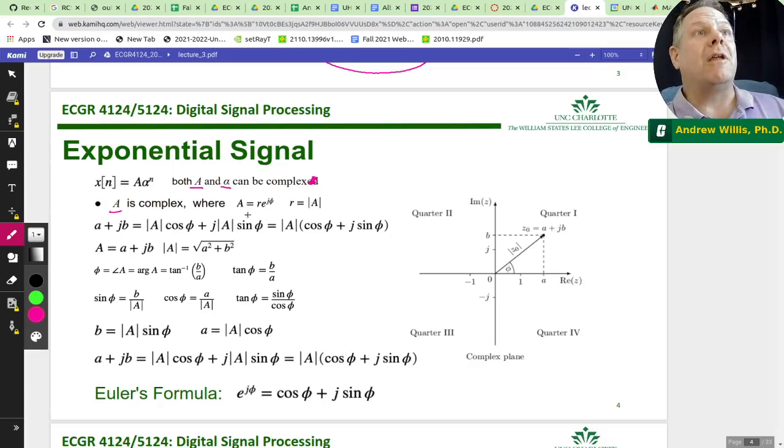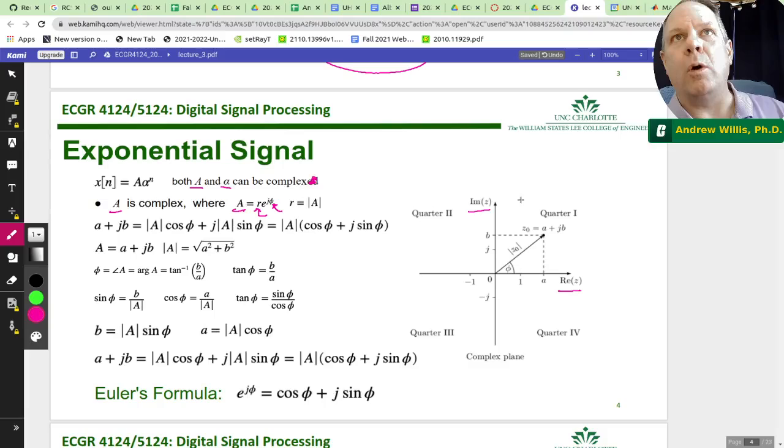So we're going to represent a complex number A in the polar representation, which has a magnitude R and a phase component phi. Now, the complex plane measures on the x-axis the real value of a complex number as the x value, and the imaginary part of the complex value as its y value.